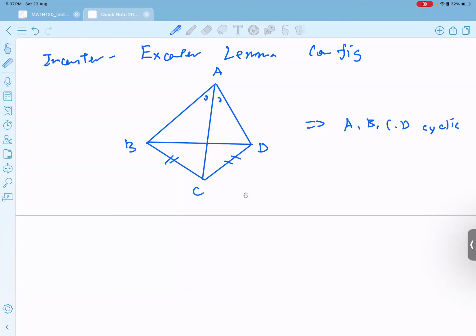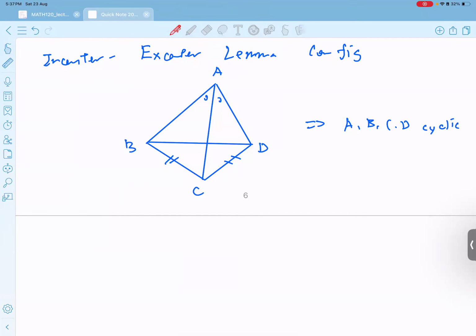And again, we can consider a sine. So in triangle ABC, we have sine angle ABC is equal to AC times sine BAC over BC, and then sine ADC is equal to again AC times sine CAD over CD.